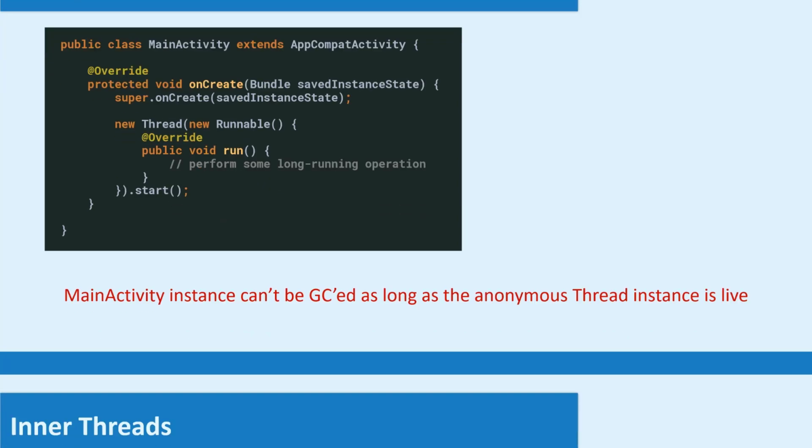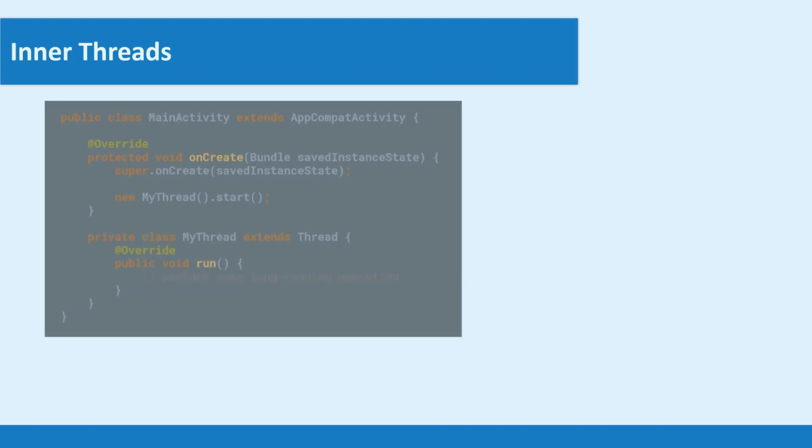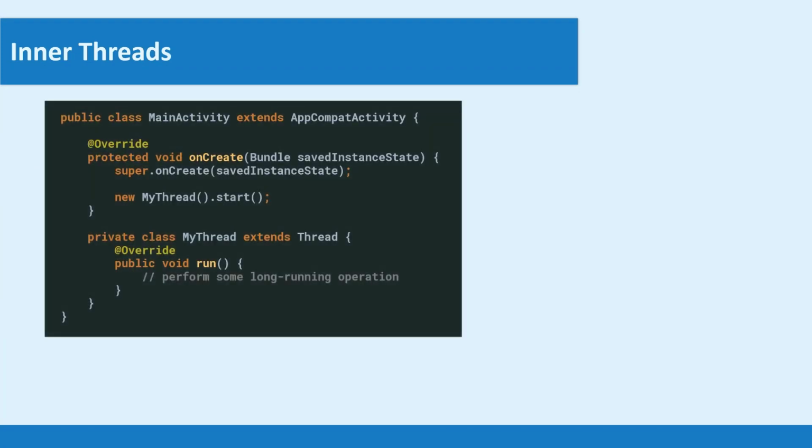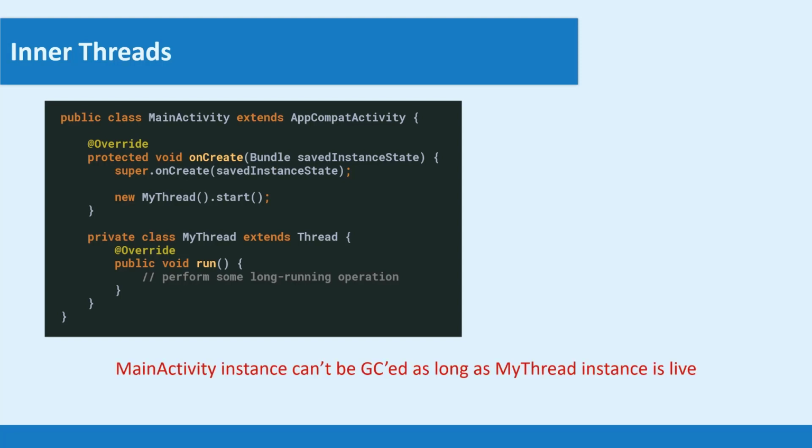And the situation is very similar for inner classes and specifically for inner threads. So if we have like inner thread and we instantiate and start it, this thread will again have an implicit reference to the enclosing instance of main activity. And as long as this thread is live, garbage collector won't be able to clean the memory associated with the enclosing main activity, even if that activity is not in use anymore.